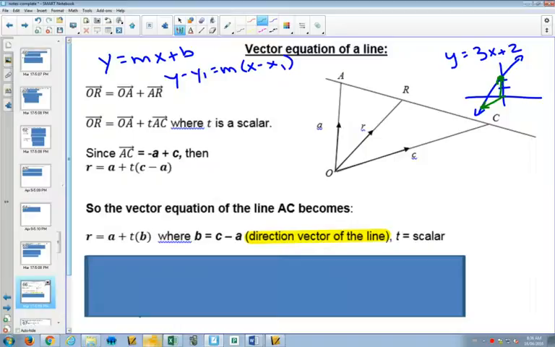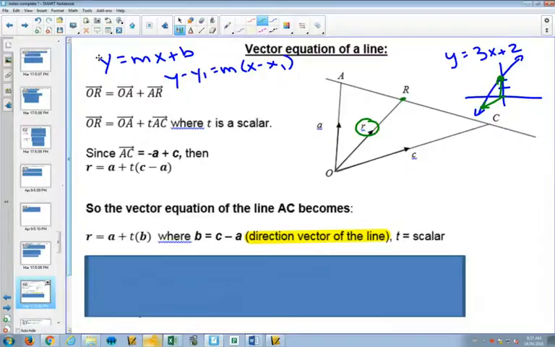So what does that look like? Well, here's a diagram. This line is the one that we want to make an equation for. What we can do is we can find any position vector, and we're going to show that by position vector r. So here's a random point r on the line, and we have a position vector for that.